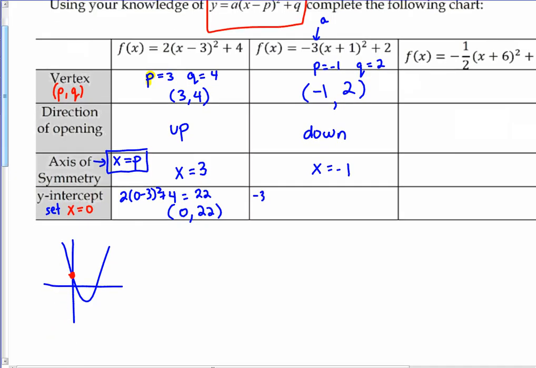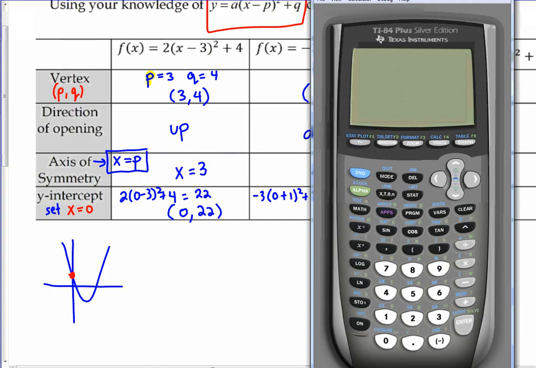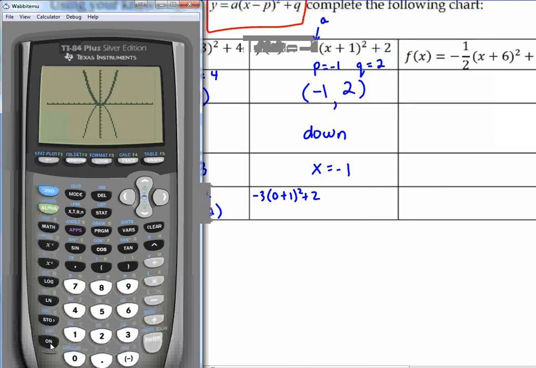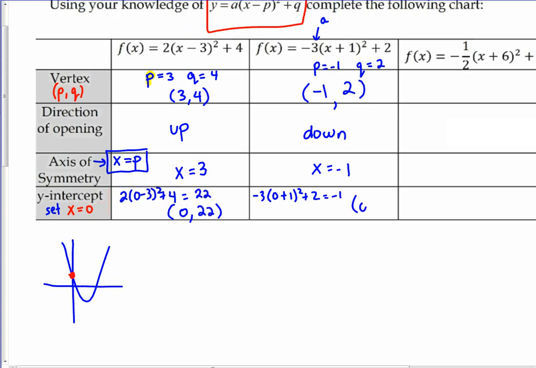We just replace x with 0. Plug it in your calculator. Negative 3 times (0 plus 1) squared plus 2. Enter. Negative 1. So (0, -1).